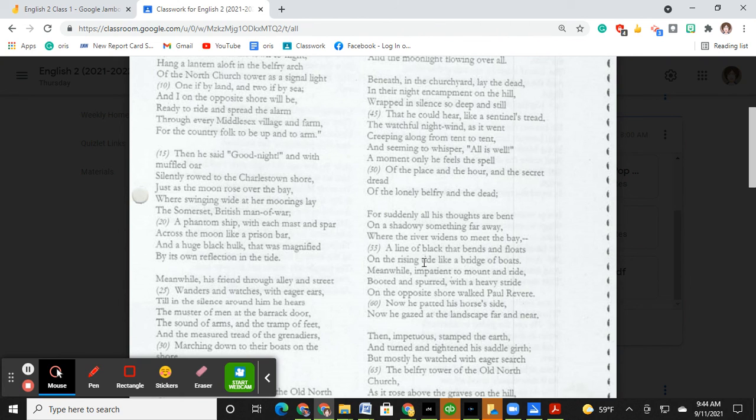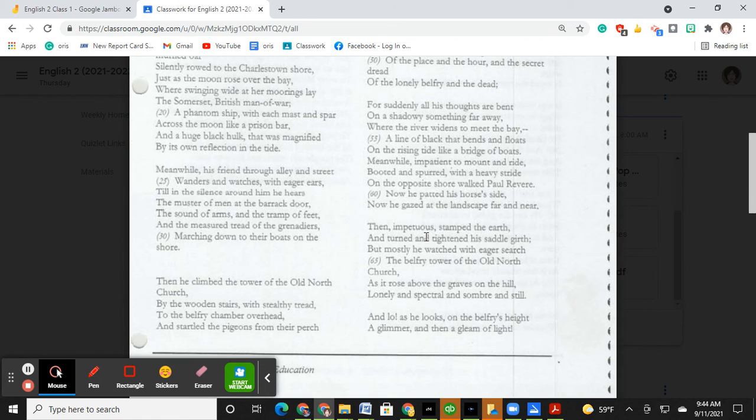A moment only he feels the spell of the place and the hour and the secret dread of the lonely belfry and the dead, for suddenly all his thoughts are bent on a shadowy something far away, where the river widens to meet the bay, a line of black that bends and floats on the rising tide like a bridge of boats.